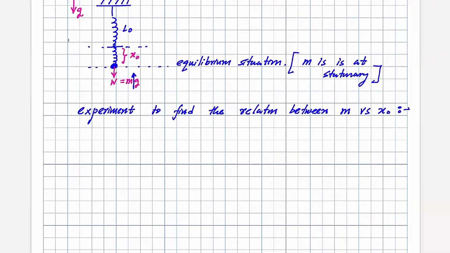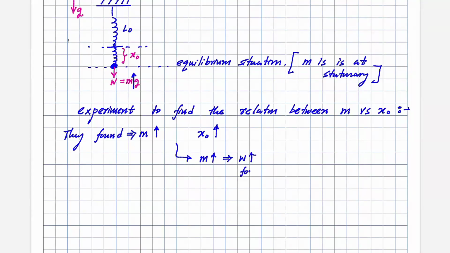So what they found is that when M is increasing, x0 is increasing. So this tells you that when M is increasing, W is increasing.